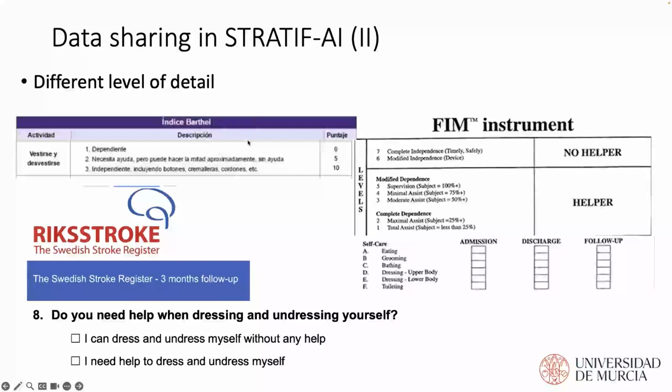And here, 3 levels are provided. So it's indicated if the patient is dependent, half dependent, or independent. While for instance, if the FIM assessment scale is used, then only 2 levels are provided. So without help or with help. And the same with data collected by the Riksstroke Swedish Stroke Registry.